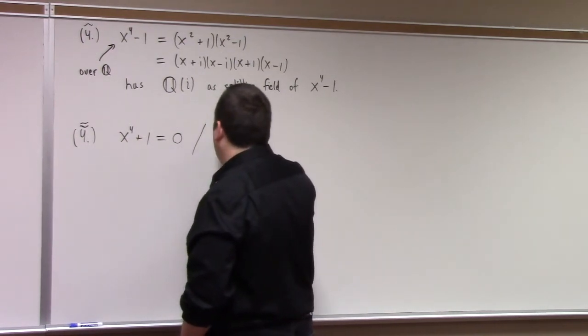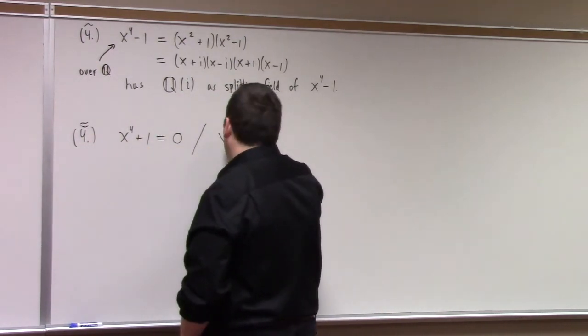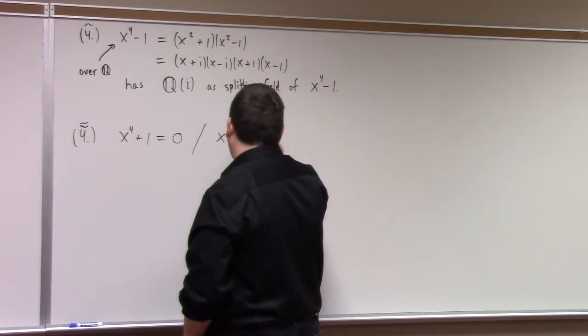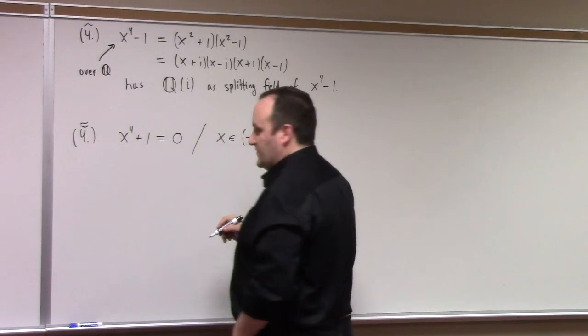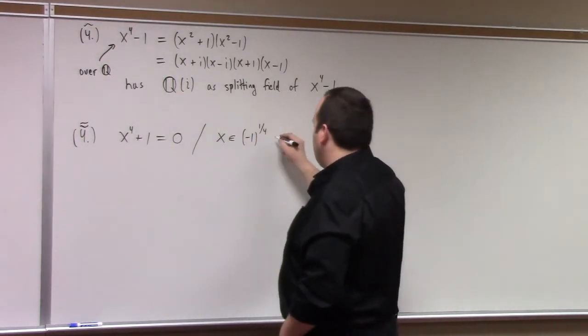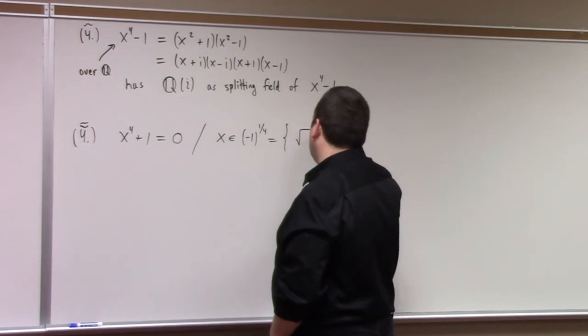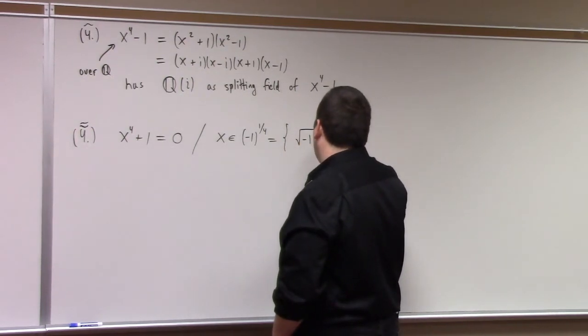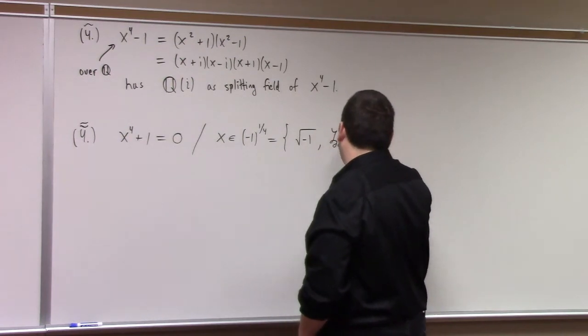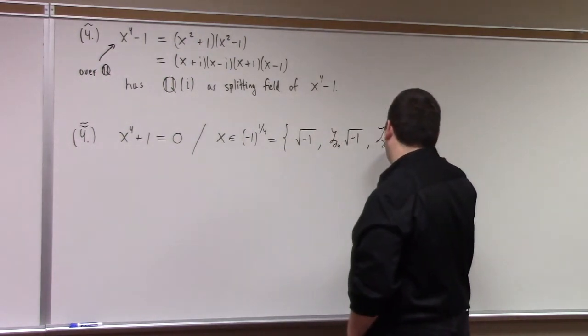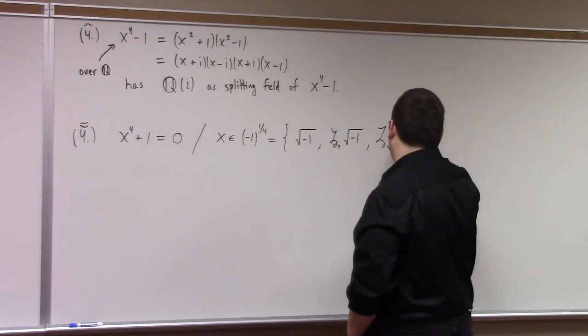So if x is actually a 0 here, you're looking for x being an element of the fourth roots of minus 1. That's a set of 4 things. It's the principal root of minus 1. It's zeta 4 times the principal root of minus 1. It's zeta 4 squared times the root of minus 1.